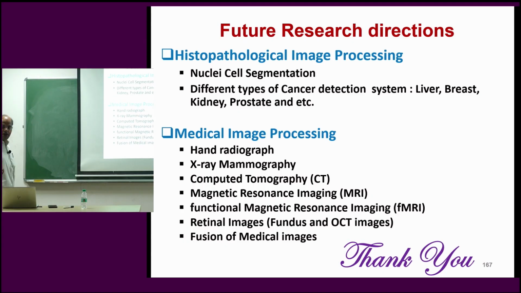Kidney, anyway, we have released. Liver and kidney we have done, so if someone wants, we can share as well, no problem. But prostate is yet to be done, we are in the process of procuring the data from KMC Mangalore as well. Apart from this, you can go for hand radiograph, X-ray, mammography, CT, MRI, retinal, fundus, there is always scope for further research work, right?